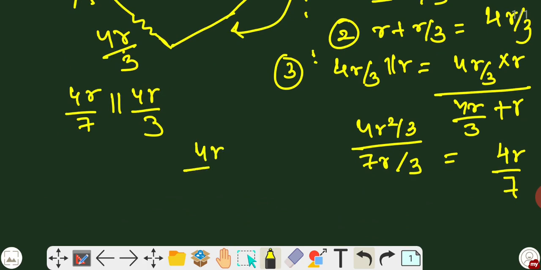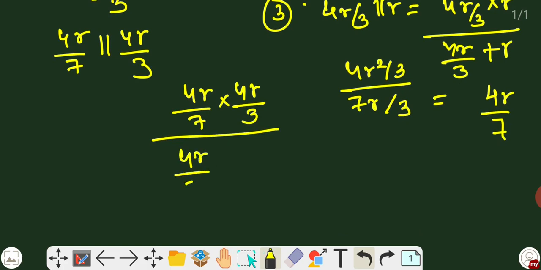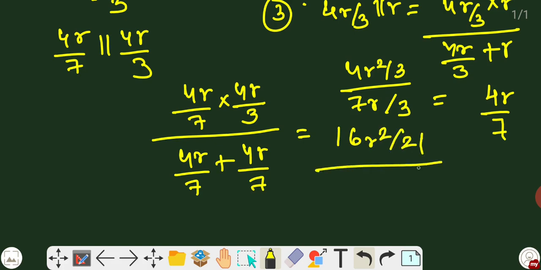So that is 4R by 7 multiplied by 4R by 3 upon 4R by 7 plus 4R by 3, that is 16R square upon 21. Again it is 21, 7, 21, that is 3, and that is 12R.